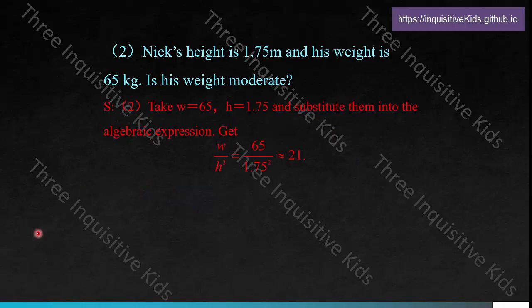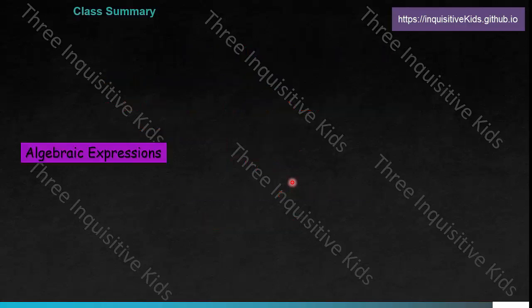So all you have to do is substitute them into the algebraic expression, and then you can get the answer, which is probably around and close to 21. So basically, you're just going to have to get an answer that's close to 21. Which makes 21 moderate because it's between 20 and 25. That means his weight is moderate.